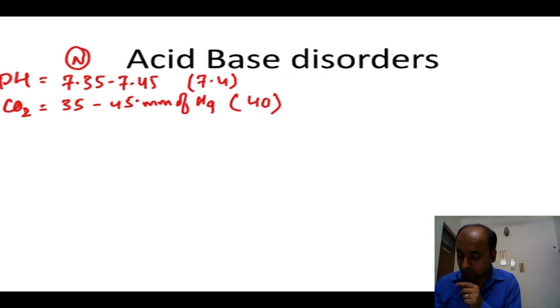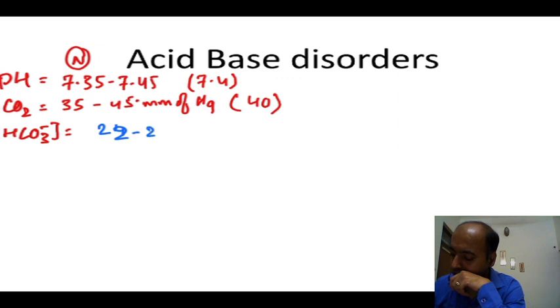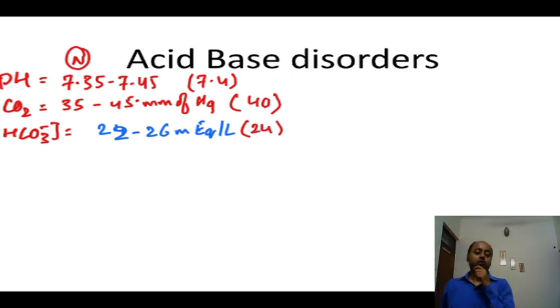And the third value that you'll get is the bicarbonate concentration. Typically it will be 24, or rather we should say 22 to 26 milliequivalents per liter. Average value 24. These are the three values which you have to keep in mind.